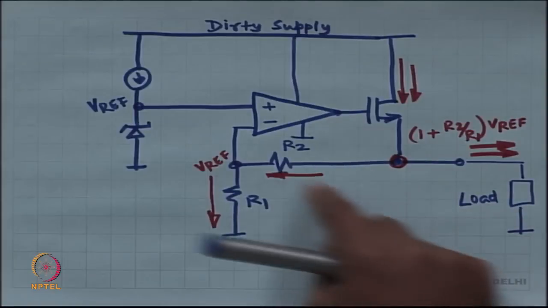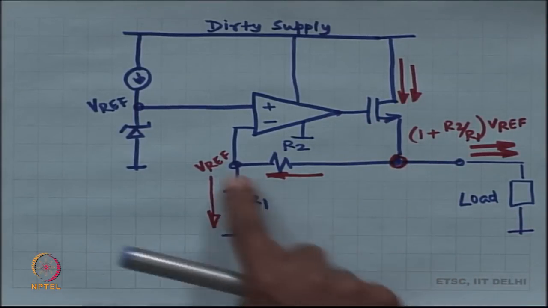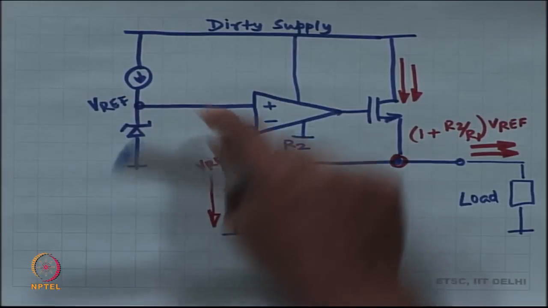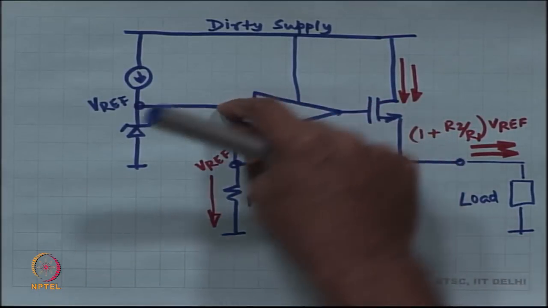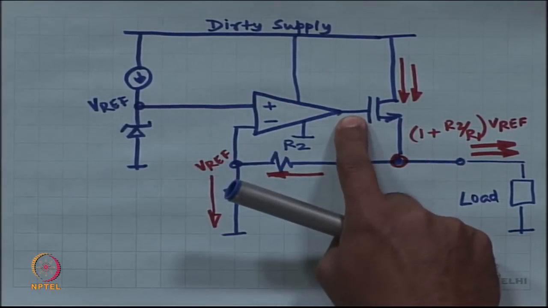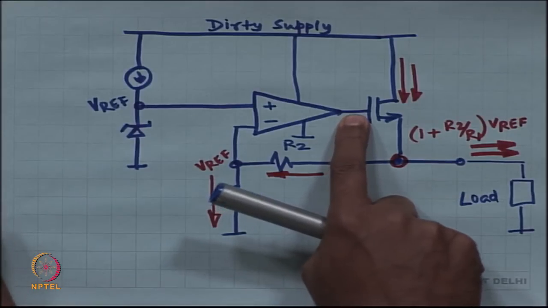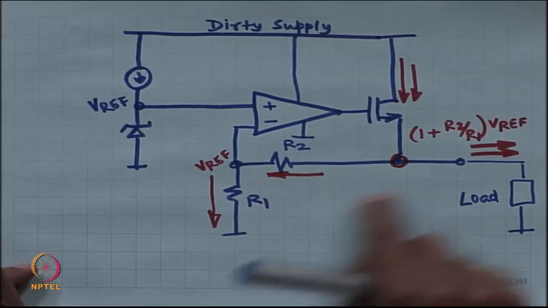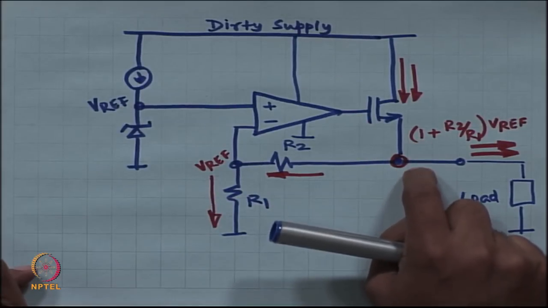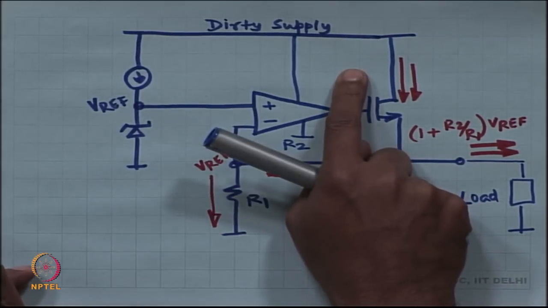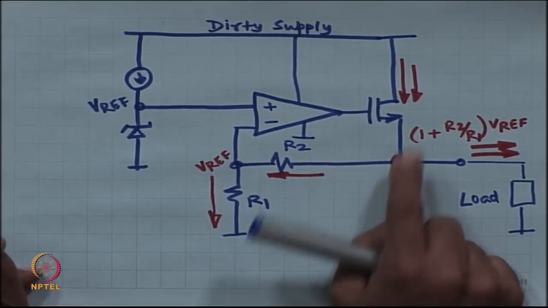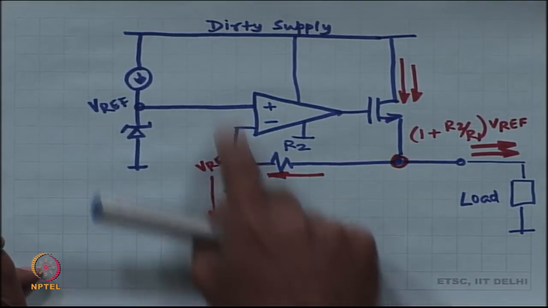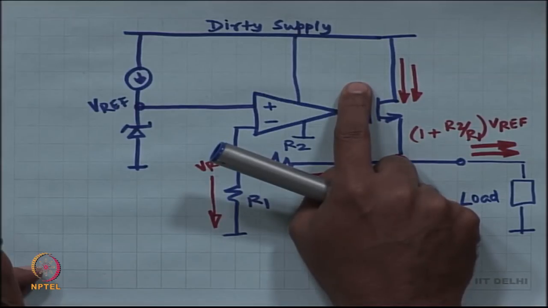The op amp is just doing its voltage amplification. It is making sure that whatever is the differential input voltage, there is a large amplification factor times the differential input voltage. So, for example, if this goes a little low, then this will go low, and immediately this is going to go high.